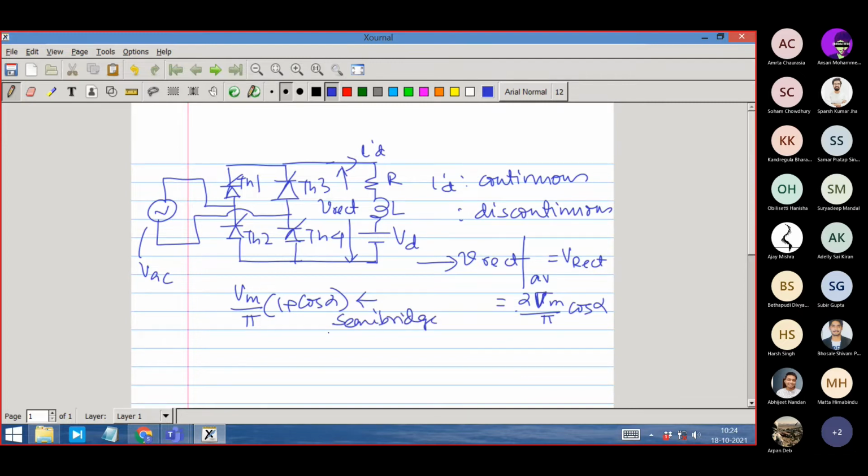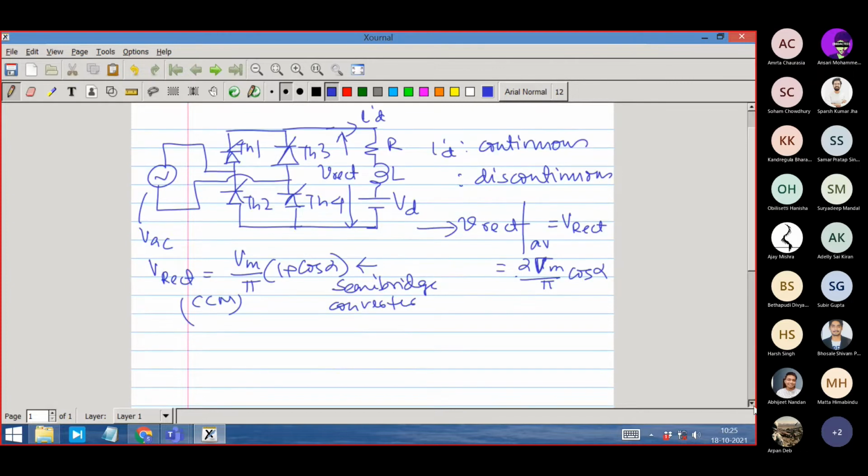Today itself I have done it. So for the semi-bridge converter, under continuous conduction, CCM mode, this V rectifier is clearly definable.